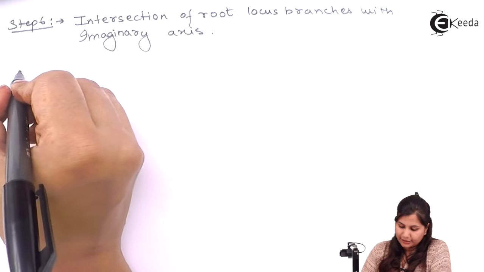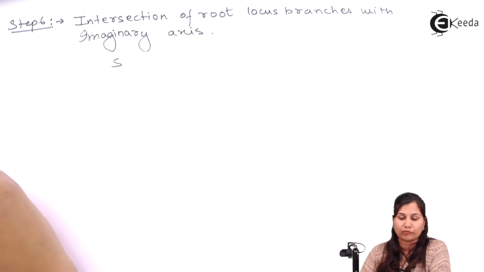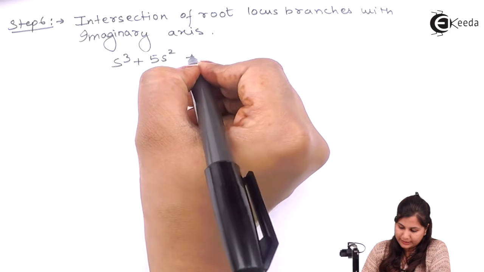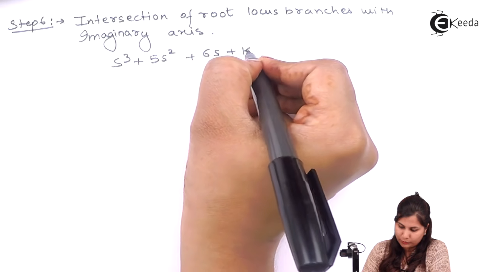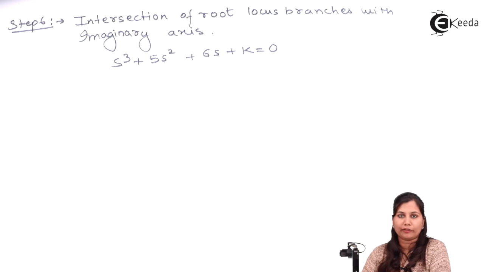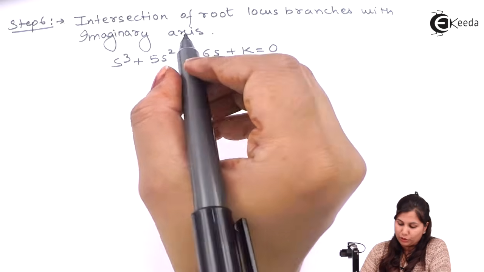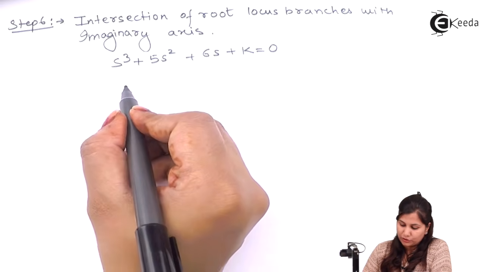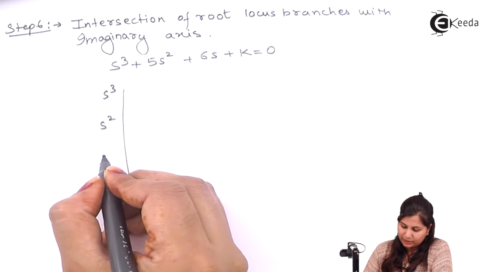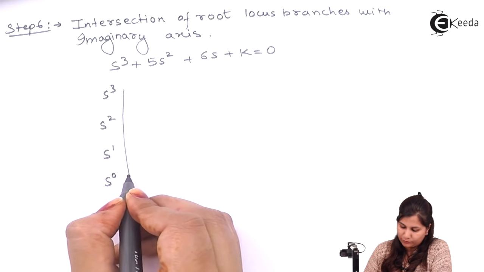The characteristic equation of this system was s cube plus 5s square plus 6s plus k equals 0. Okay, the characteristic equation we have already obtained in the first step. So use this characteristic equation and form the Routh array: s cube, s square, s1, s0.